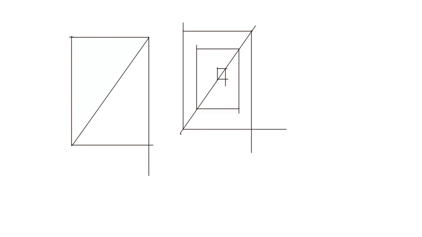Alright, so the next thing I want to cover is how to find the middle of any rectangular shape. Right now we have a diagonal going this way. Now if I join the other corners, I get an X, and where these two lines meet, that is the middle.